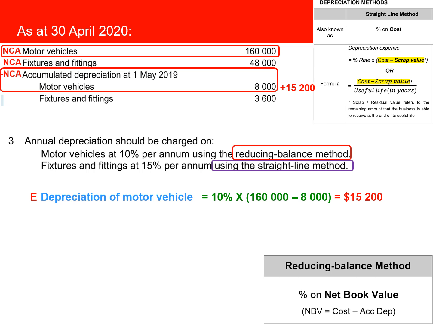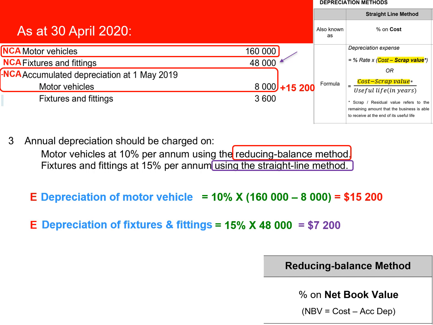The reason why you can't find it is because the scrap value is 0. Whenever it's not given, it means there is no scrap value. So how do you calculate your depreciation of fixture and fitting? You will simply take the cost, which is 48,000 there, and multiply by the percentage accordingly. Finish. No need to minus any value because there is no scrap value for your fixture and fitting.